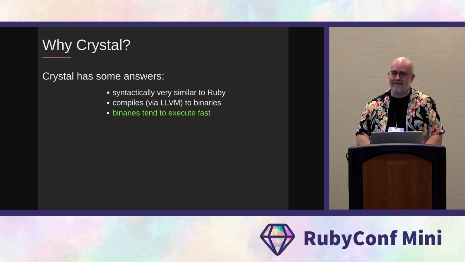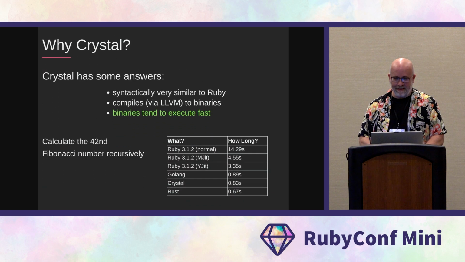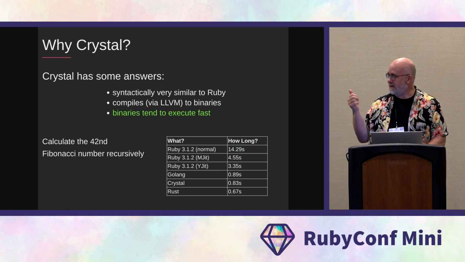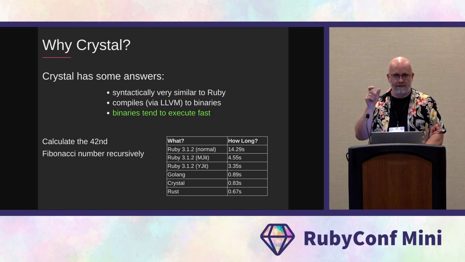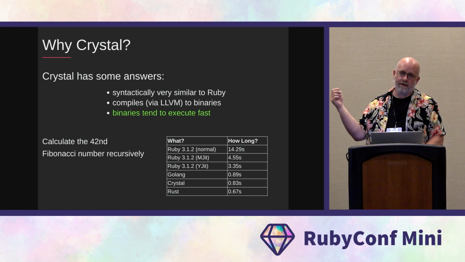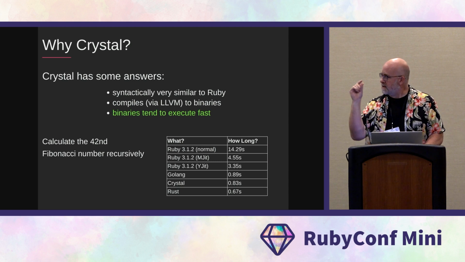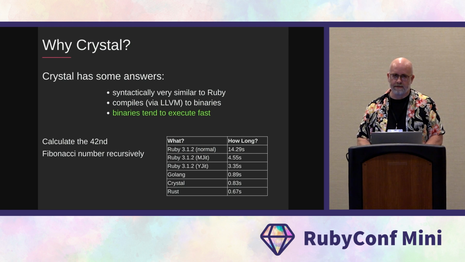Anyway, the binaries tend to also be very fast to execute. In the repo that you can get from that QR code, there's a fib bench directory that has 4 implementations of a simple Fibonacci calculator that just recursively calculates Fibonacci numbers. And on my laptop, these are the timings for those. You can see that Rust is a little bit faster, but Crystal outruns everything else by a substantial margin.